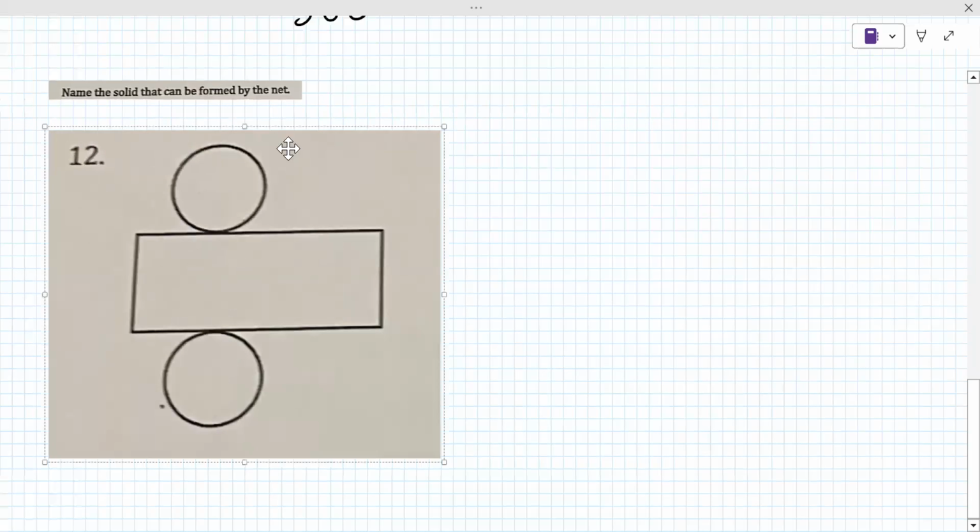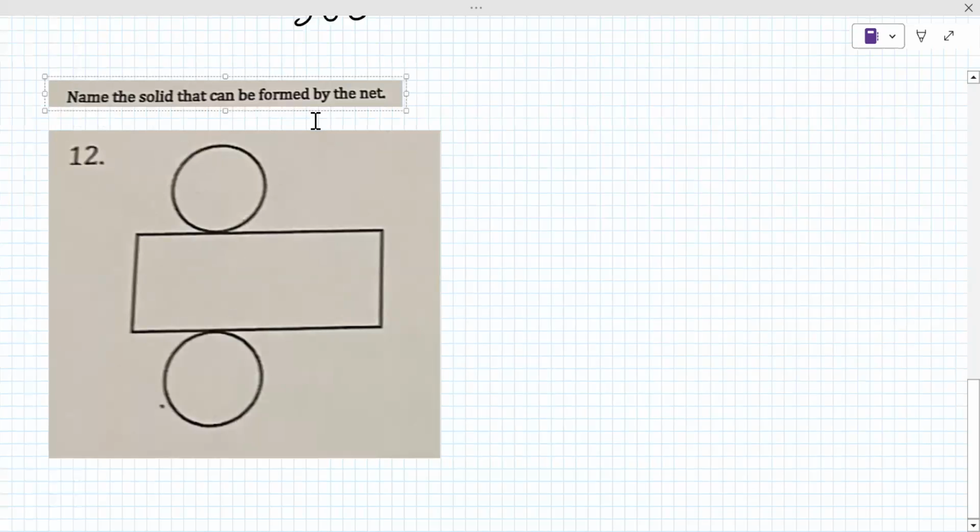Let's do it. All right, so it says name the solid that can be formed by the net. So they're asking you, what is the 3-dimensional shape that this comes from? Any idea about this one?